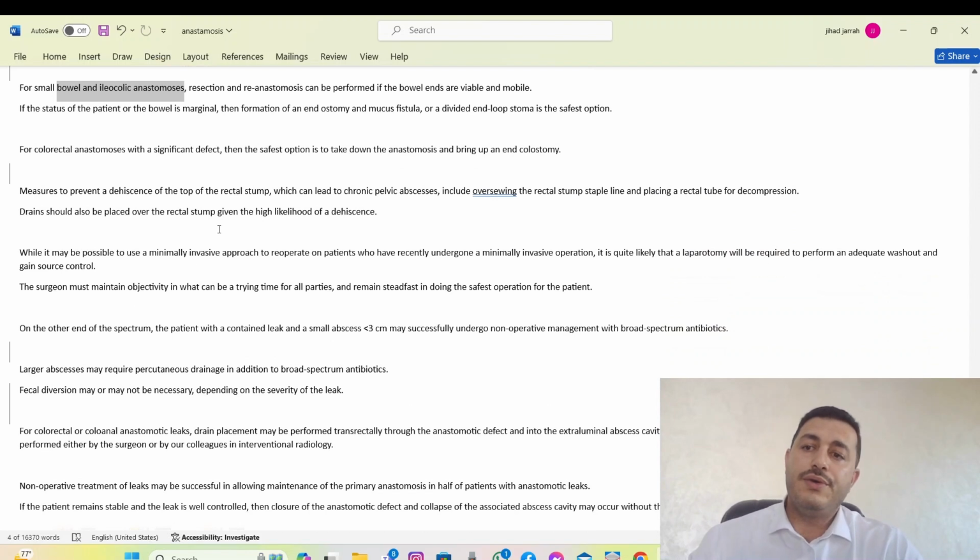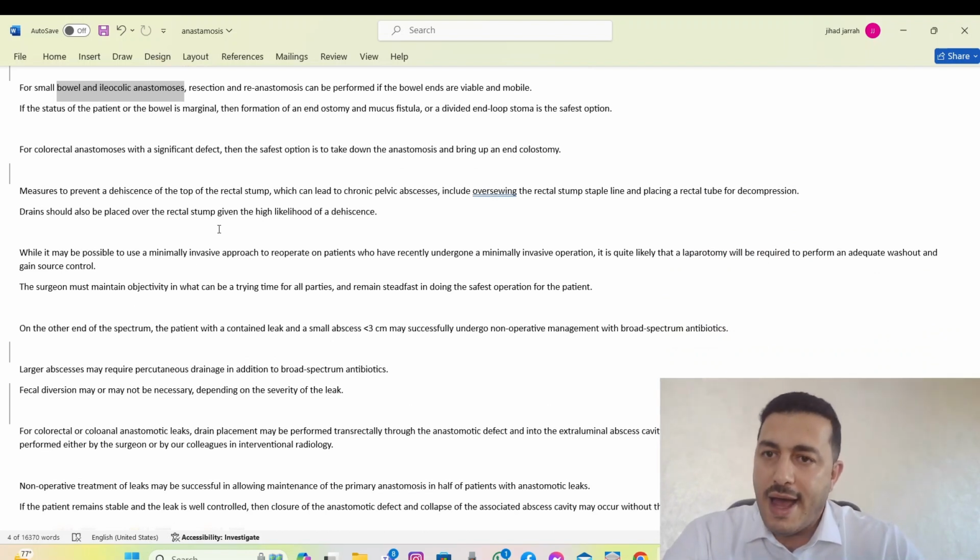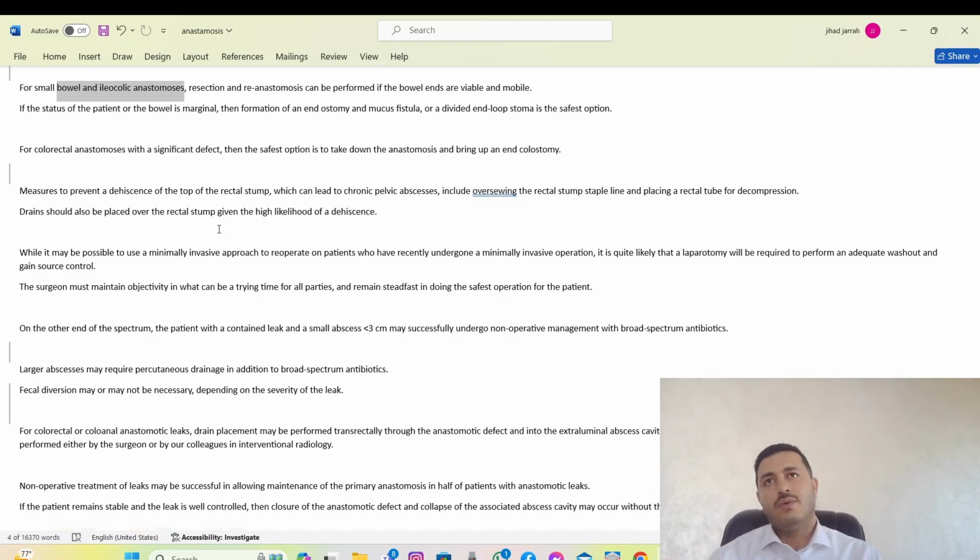For colorectal anastomosis, distal anastomosis, a problem about accessibility appears, and sometimes just bringing an end colostomy is a choice. If we have a distal colorectal anastomosis with a leak, we bring the proximal part out as an end colostomy.